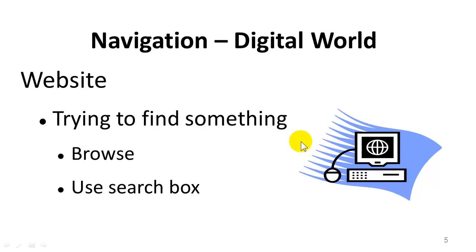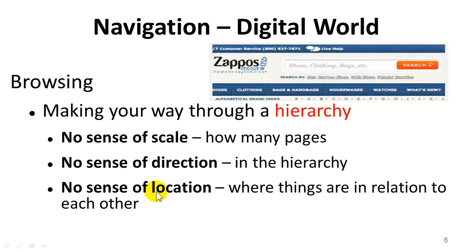In the digital world, we have navigation cues also. For example, when we go to a website similar to a grocery store, we're trying to find something. We can just browse around. We can use a search box. Navigation can usually consist of browsing, making your way through some kind of a hierarchy.